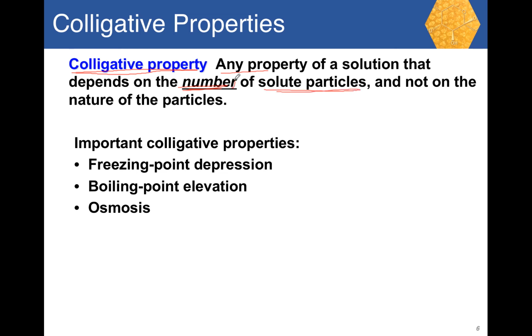Keyword here, number of solute particles, and not on the nature of the particle. For example, if you have a solution that's made up of table salt and a solution that's made up of sugar, the colligative properties should be similar.